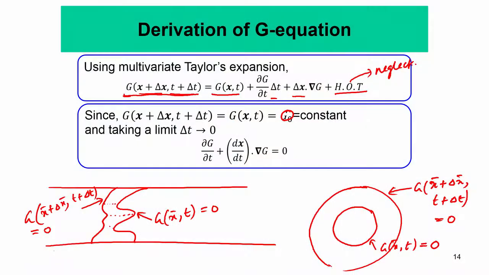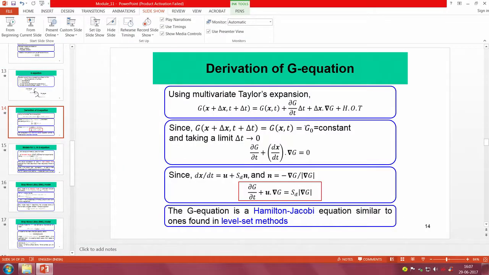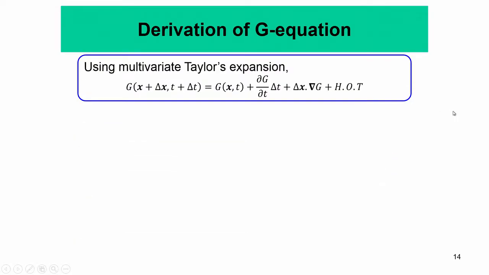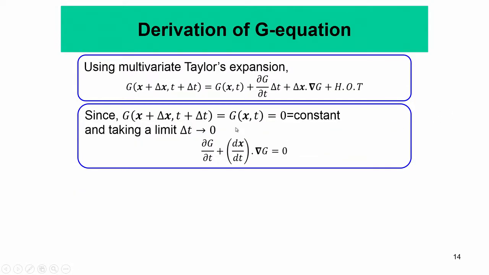And if you take the limit, say delta t tends to 0, let us put 0 itself instead of G_0, which is creating confusion. So, if you now take the limit, these two terms basically cancel out because both are equal to 0. So, we are left with essentially dou G by dou t times delta t plus delta x times grad G equal to 0.